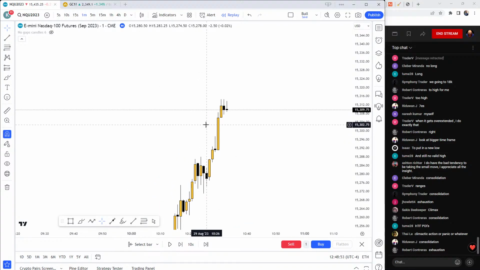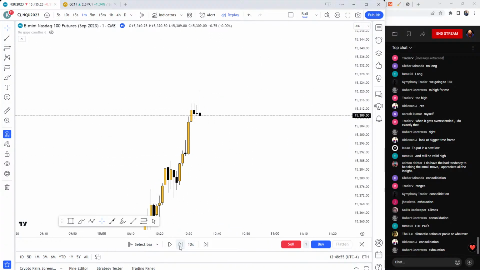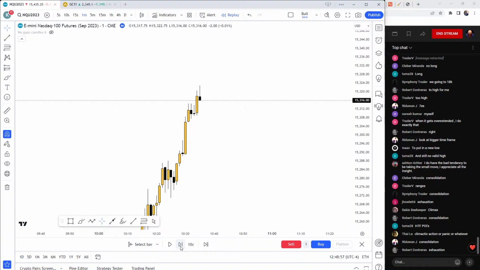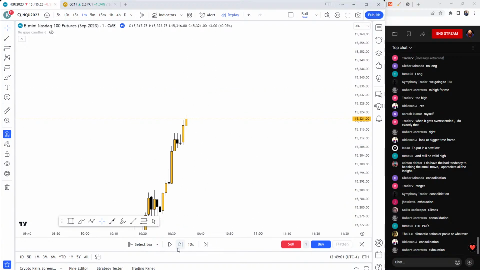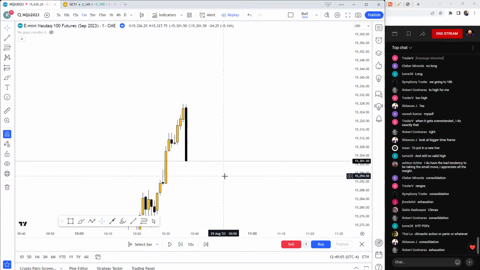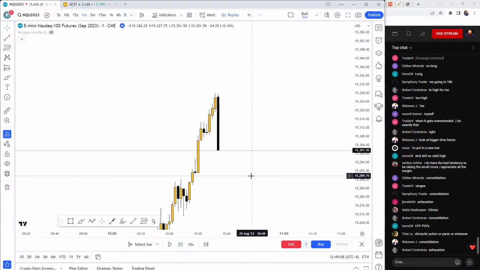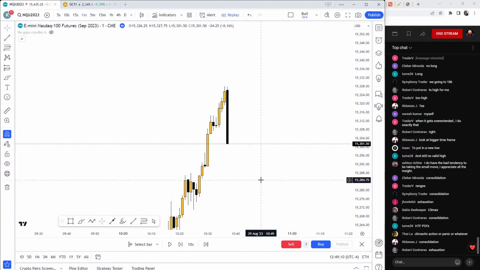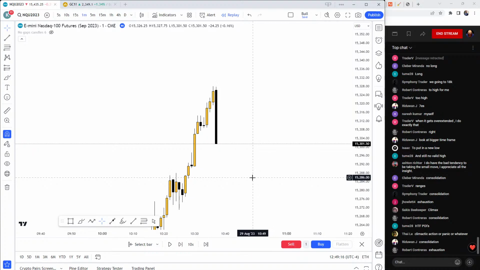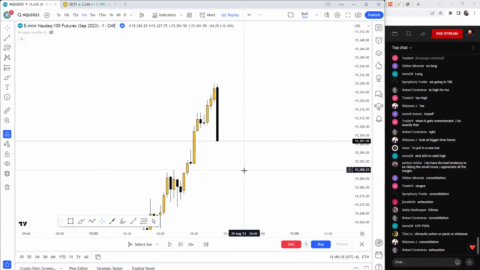Right? This is just rocketing up. So let's see if we get some consolidation at some point. Right? So inside bar leading to expansion. Okay. What's that screaming at you? Right?